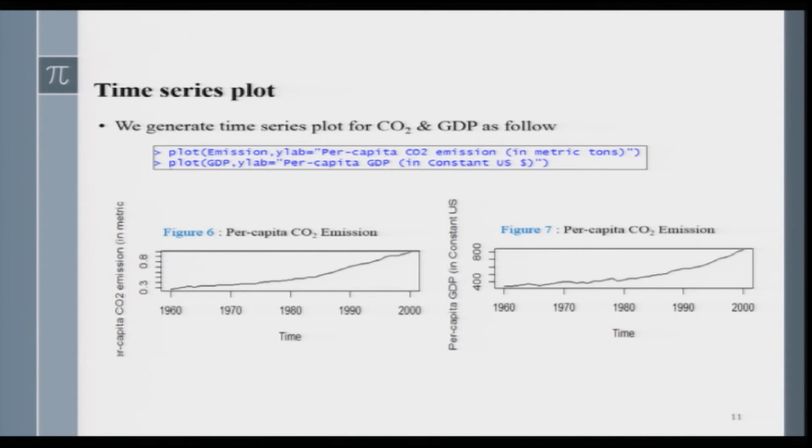Here I am showing you how you can plot the two variables. The code is given in the box, and figure 6 and figure 7 have plotted the variables for you over time. You see that both time series are showing an increasing trend, a very smooth increasing trend over time.